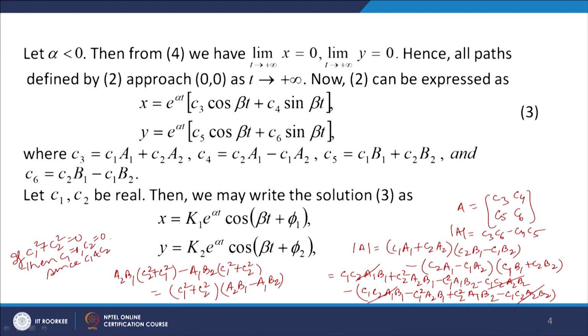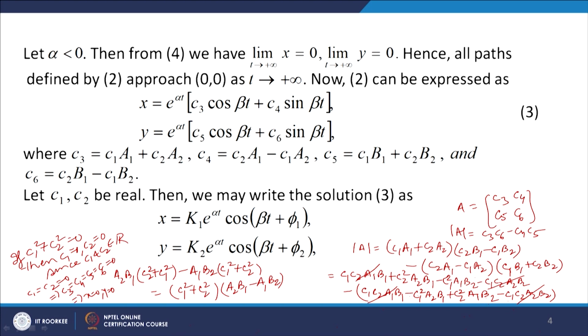And when c1 and c2 are zeros, we will get c3, c4, c5 and c6 all equal to 0, which implies that x is equal to 0, y equal to 0. So, we get a trivial situation. So, c1 square plus c2 square cannot be 0.